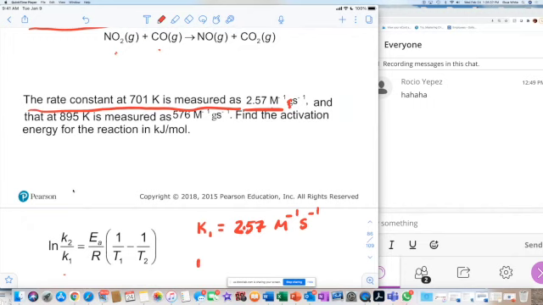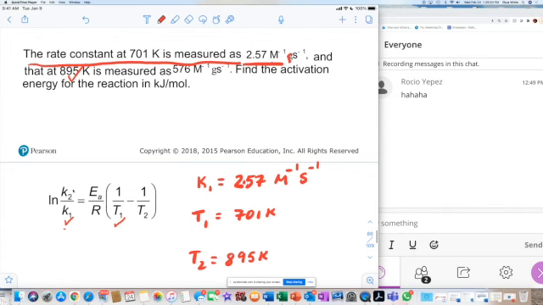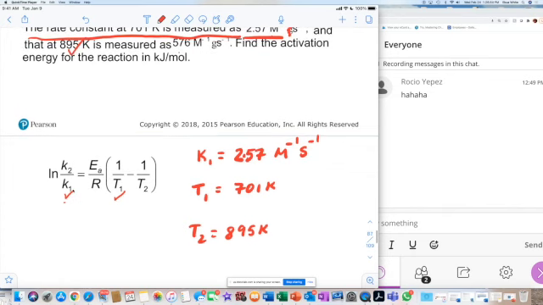And I have a temperature that goes with that, that is 701 K. So I have this number here and that number. And at temperature 2, 895 K, you have the second constant, k2, which is 576 m to the power -1, s to the power -1.